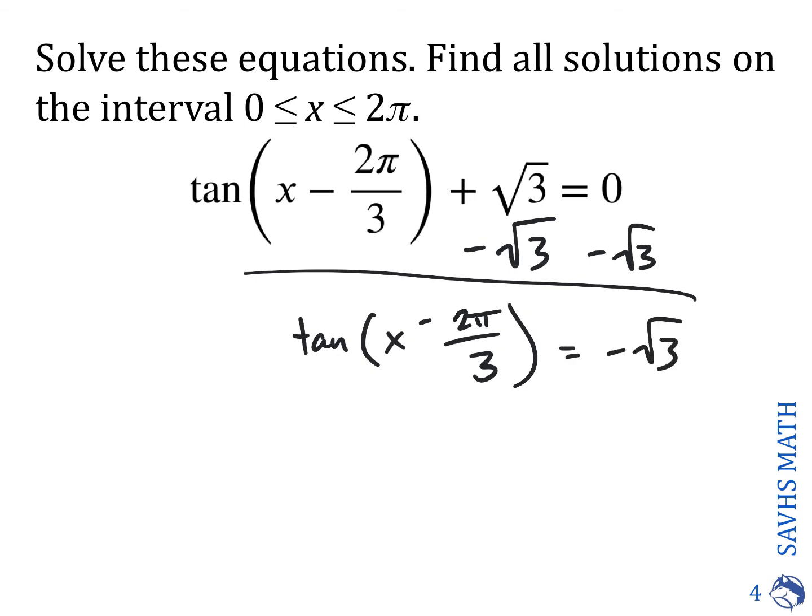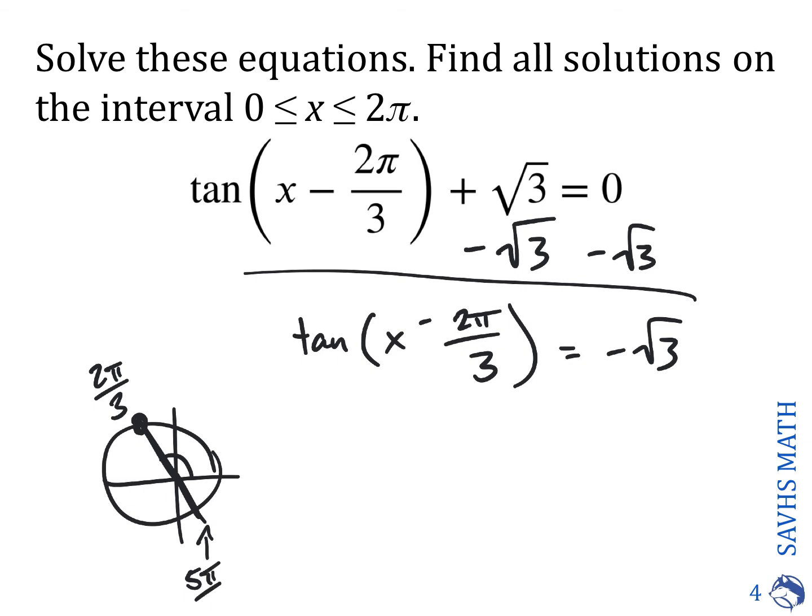Okay, so then we're looking for the angles on the unit circle where the tangent is equal to negative root 3. The 2 spots on the unit circle for that are here and here. I know my unit circle is really bad in this diagram, but this is the spot. This must be 2 pi over 3, and this one must be 5 pi over 3.